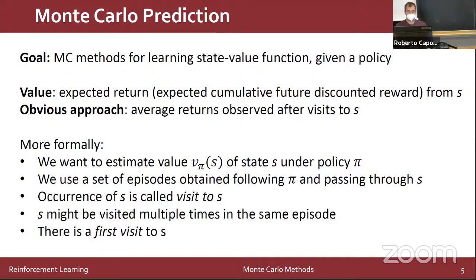And then we'll switch to something which is more similar to policy iteration, where we'll start with a policy, and then we will evaluate it by using these methods that we'll see during the value iteration part, let's say.